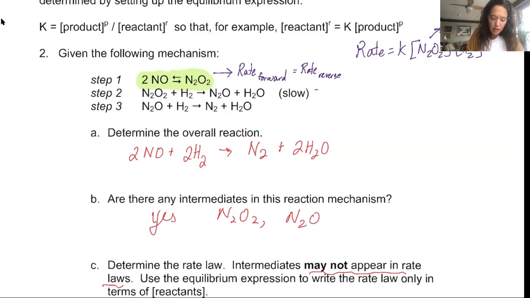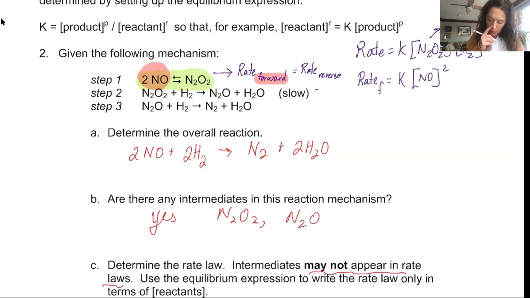If I look at this in the forward direction, then this is my reactant. So in the forward direction, rate forward equals K NO squared.